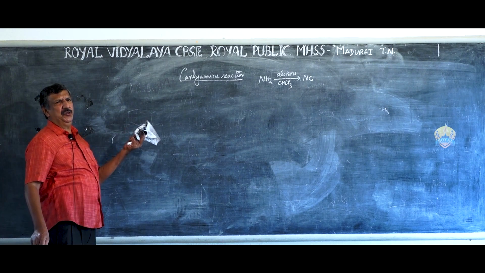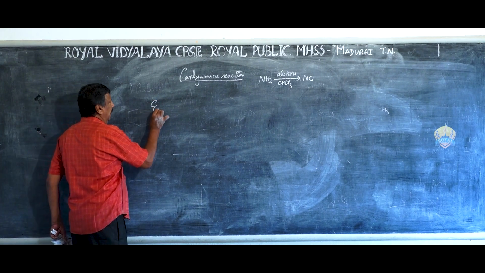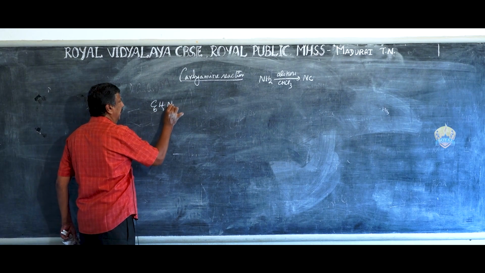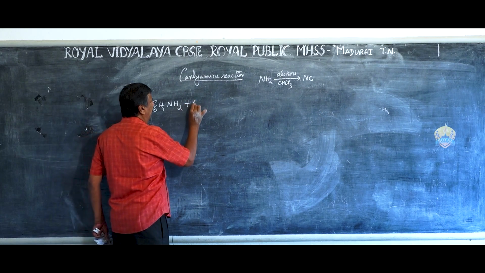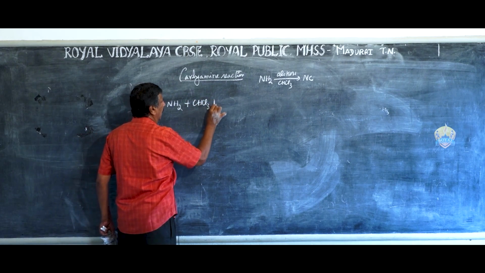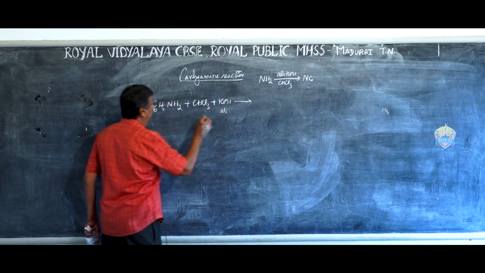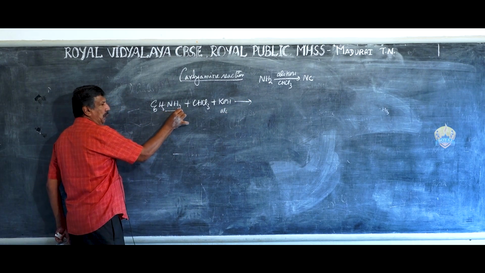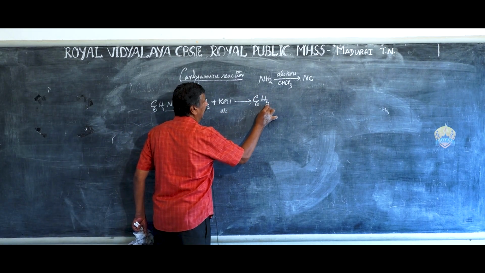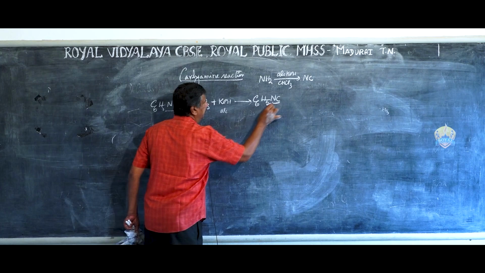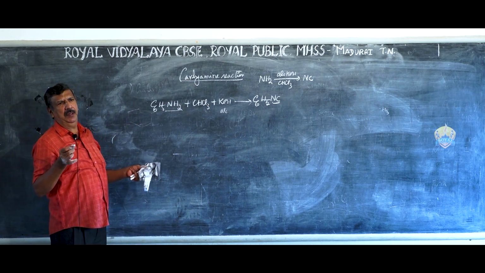You write any NH2 compound. For example, methylamine, ethylamine, aniline. You can write anything. You treat with chloroform and alcoholic potash. See to that this NH2 is converted into NC. This is very important. The NH2 is converted into NC.